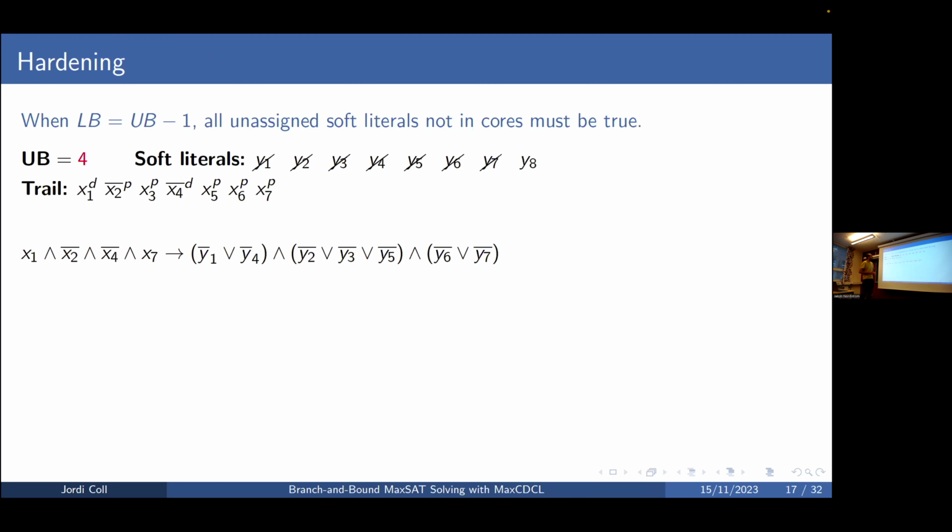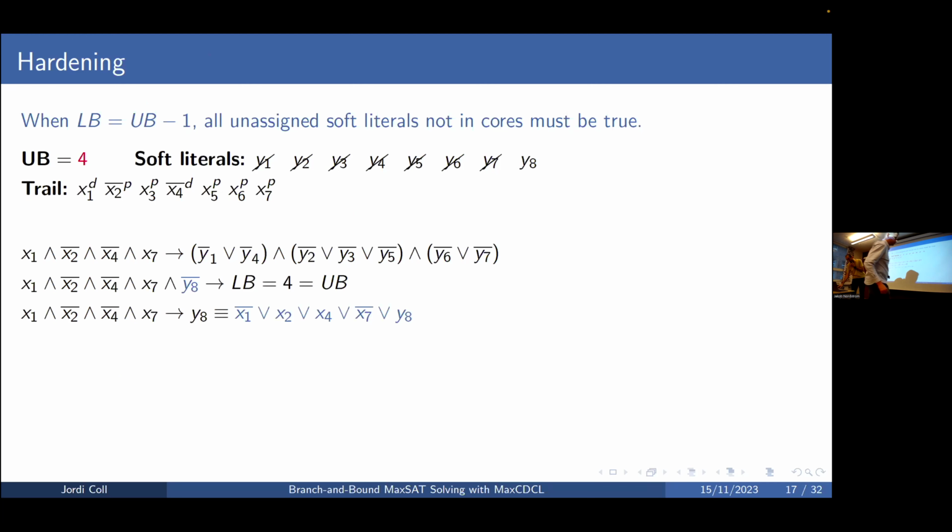Meaning, all these ones I cannot propagate, I cannot harden them, because I have used them to reason out the lower bound. But the literals I have not used to reason out the lower bound, I can propagate them to true. That's the basic idea.